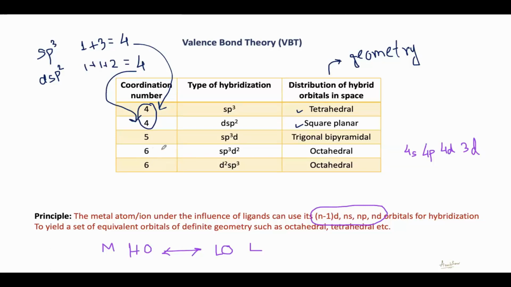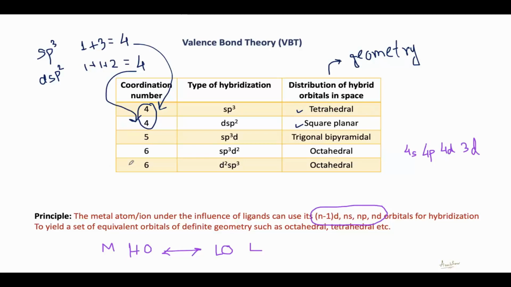This is the trick for you to remember how the coordination number and the type of hybridization are related to one another. For coordination number 4, we have two kinds of hybridizations: sp3, which corresponds to the tetrahedral geometry, and dsp2, which corresponds to the square planar geometry.